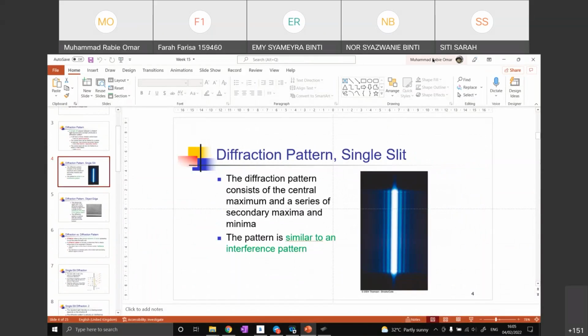For this case, at the center here will be M equal to 0. Then I can see the first slit here. This will be M equals to 1, and then this will be M equals to 2, and so on. But as you increase your value of M, the intensity will become lower and lower. So here, if I draw this, it looks like this. This is the intensity plot.